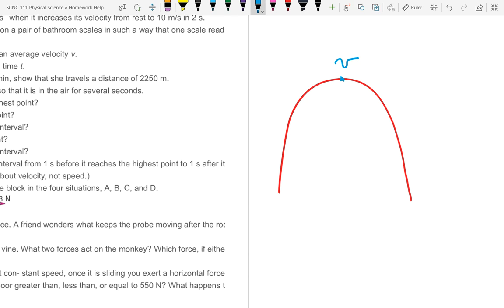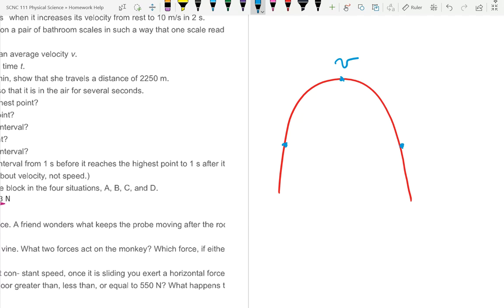So it has an acceleration, a change in velocity, that is in the opposite direction it was traveling, because it's slowing down. So as it's going up, the acceleration is downward. Now, as it's coming down, what's happening to its speed? Speeding up. So that means it has an acceleration in the direction it's traveling when it's coming down, which is down again.